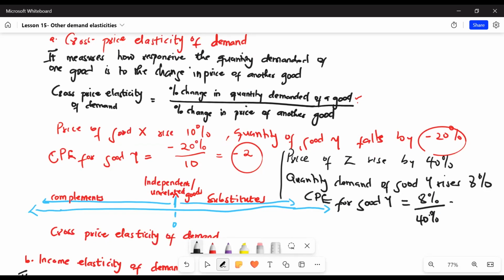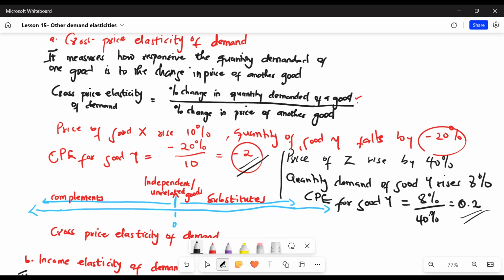So in this case, our cross price elasticity is 0.2. Now you can see that in both calculations for the cross price elasticity for good Y, we had a minus here and a positive here.